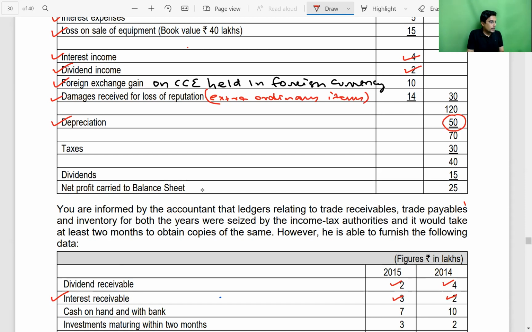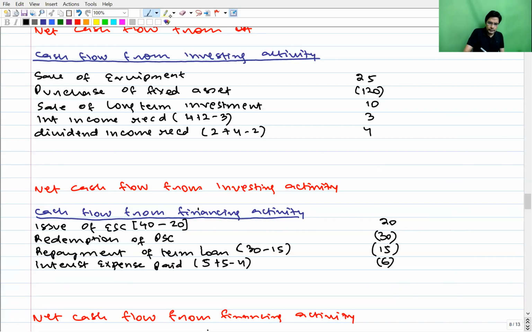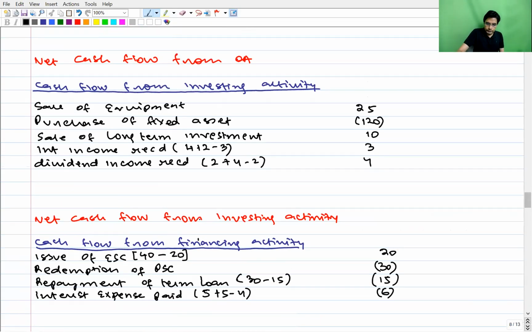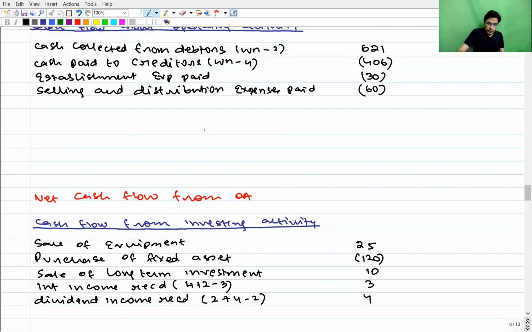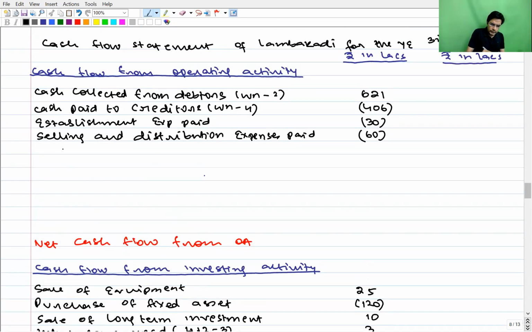Damages received. Guys, damages received will be reported as an extraordinary item in operating activity. So in operating activity, we will write extraordinary item, damages received for loss of reputation.